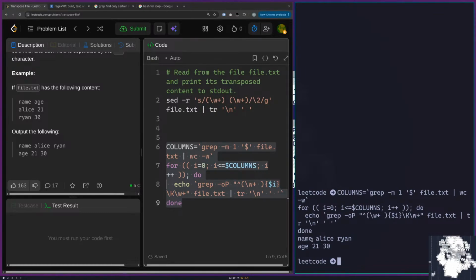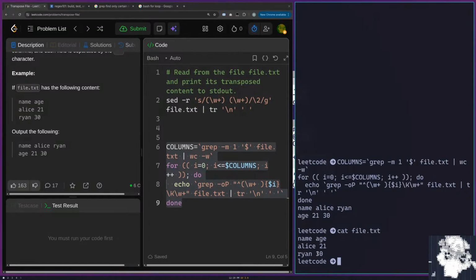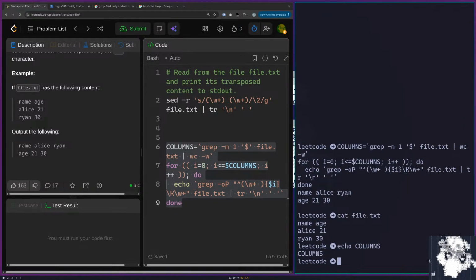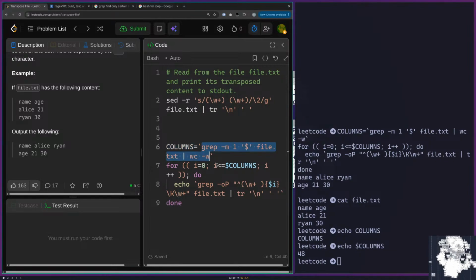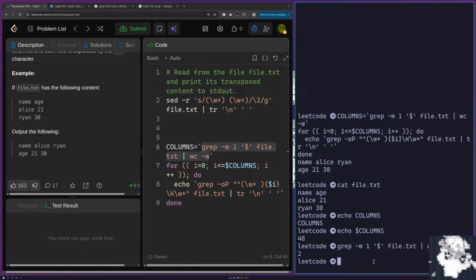Why are we ending up with an extra line? Echo columns? Or echo $columns? 48. Wait. Should be 2.